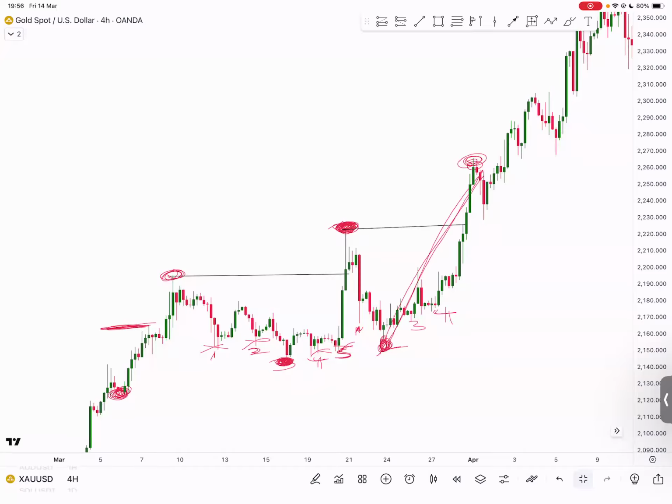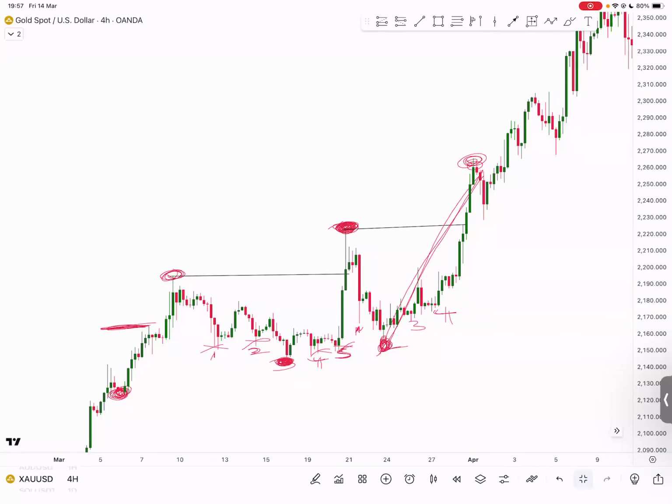Is it possible that it will still go up from there, or will it start creating a lower low? There are cases whereby price is just trying to sweep liquidity.